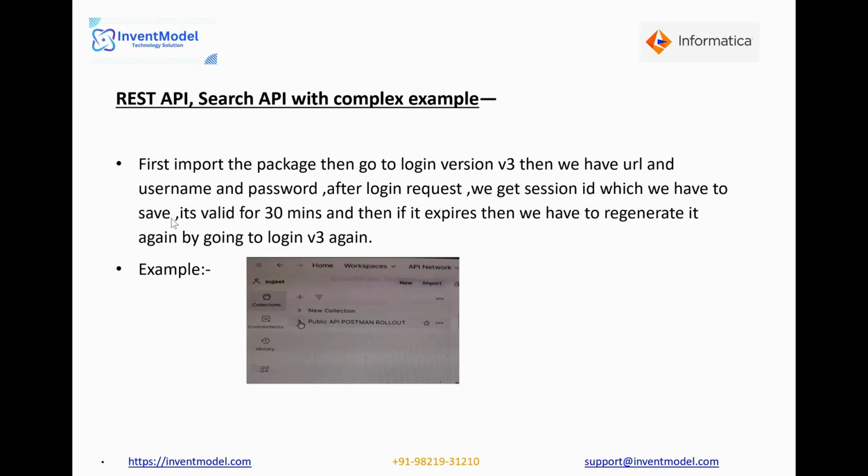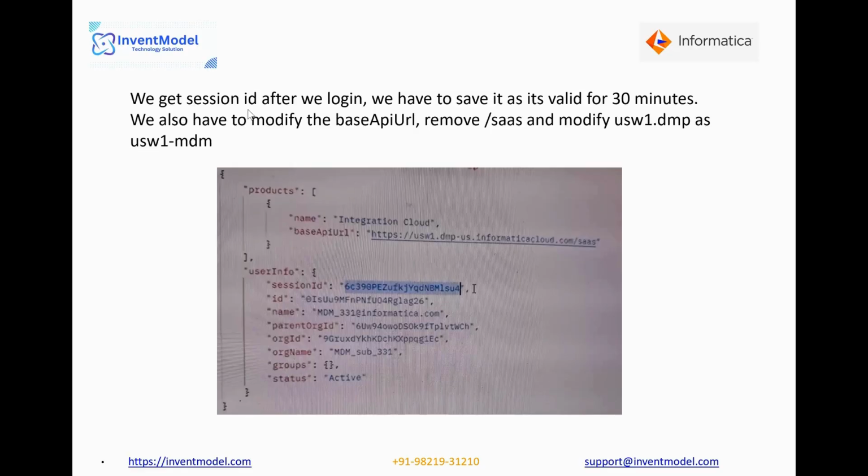It says it's valid for 30 minutes, and if it has expired, we have to regenerate it by going to login v3 again. This is a small screenshot showing the collection. We get the session ID after login. The highlighted part is the session ID. We have to save it, and it's valid for 30 minutes.